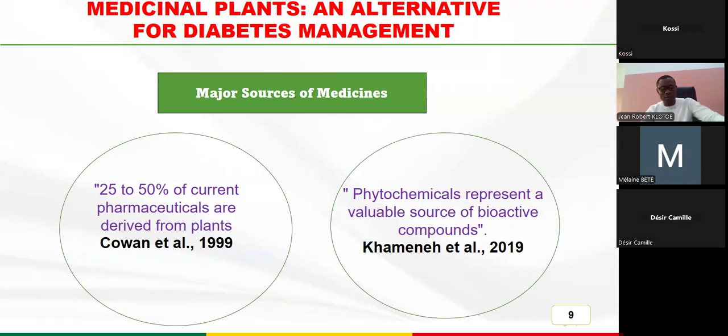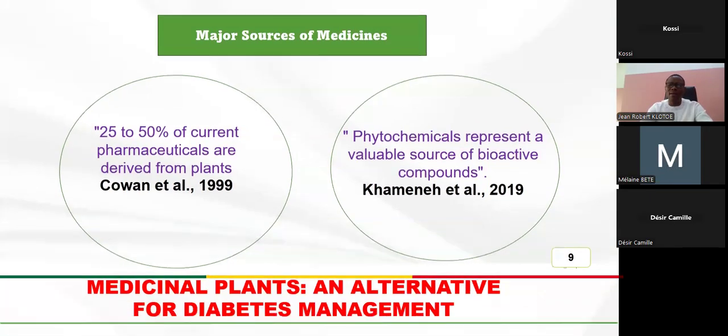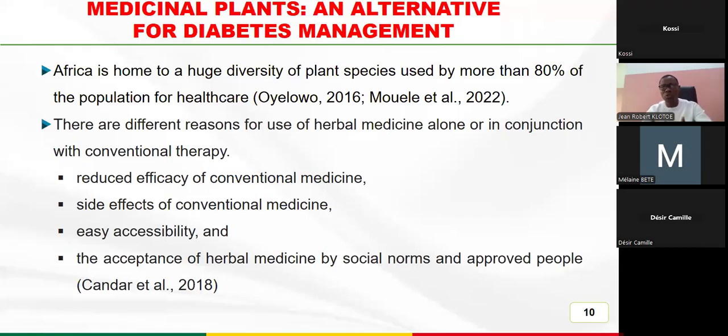So it's obvious that phytochemical components have antidiabetic activity that can be used for the treatment of diabetes. That is why most researchers are involved in the search for these biocompounds that can be used for the treatment of diabetes.